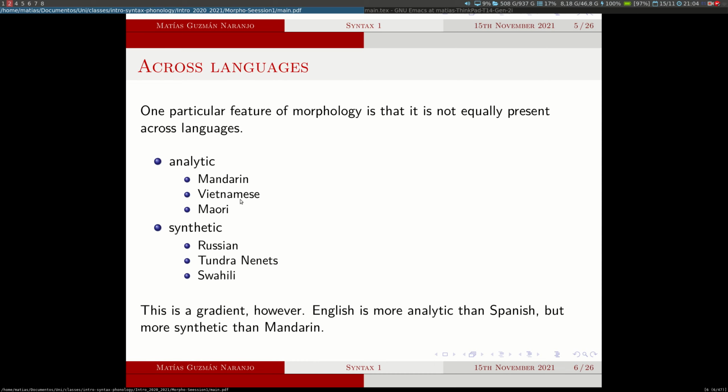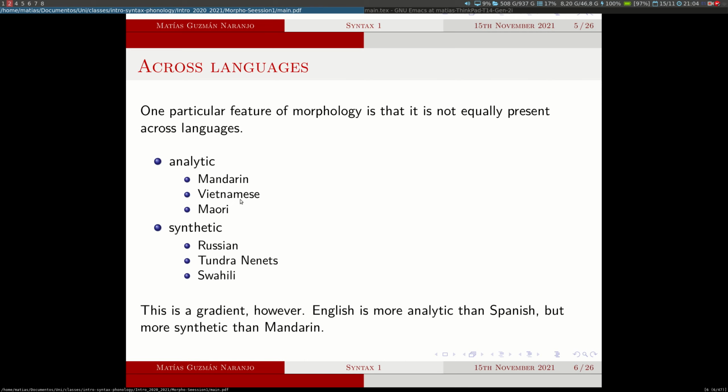So let's start with two important ideas, or one idea with two concepts. The idea is that different languages vary in the amount of morphology that they exhibit. This is more or less unique to morphology. While languages do vary in the number of phonemes that they can use, they don't really vary in the amount of phonology that they have, or at least I've never seen that concept.